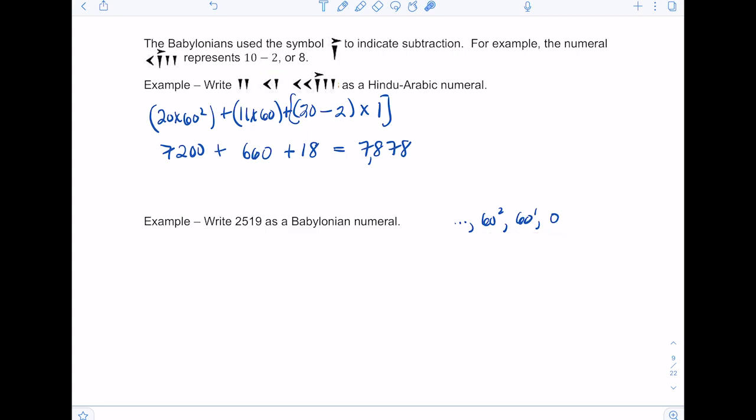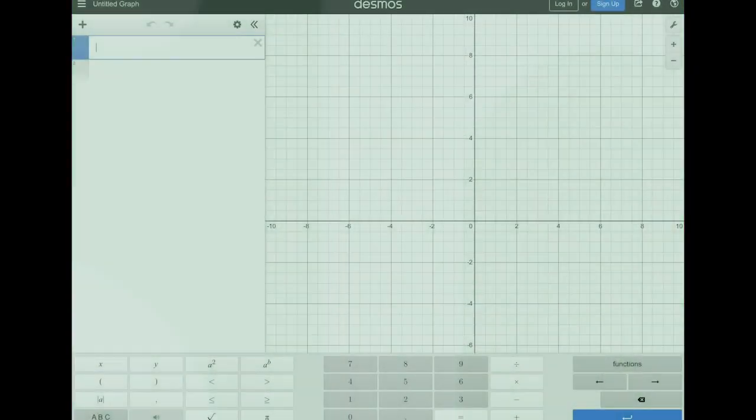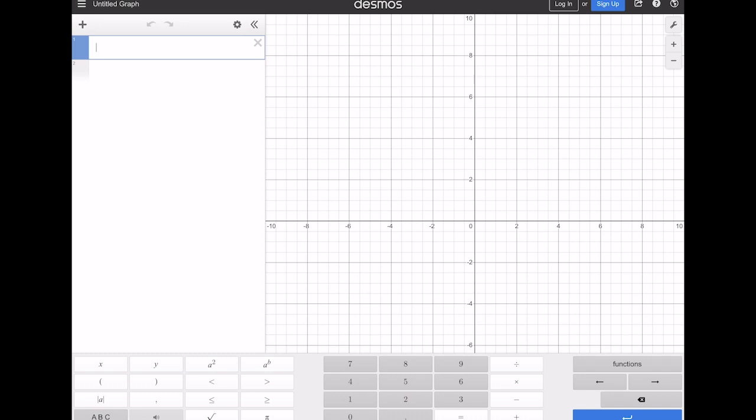So I'm just going to use Desmos. I'll first start with 2519 divided by 60. We know it goes in 41.983 repeating times. But I want to see what the largest value would be that can go into 2519.